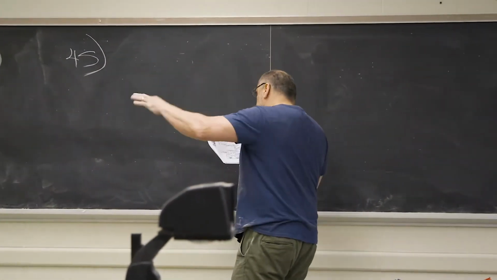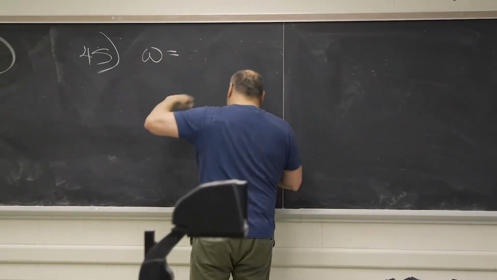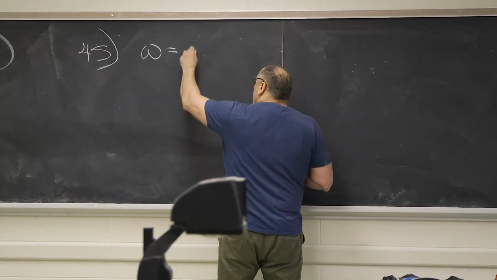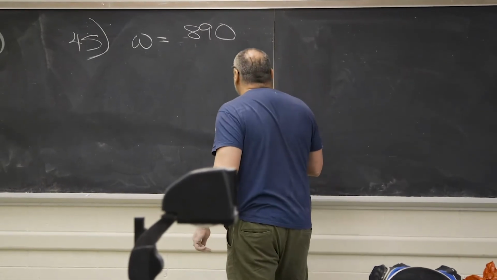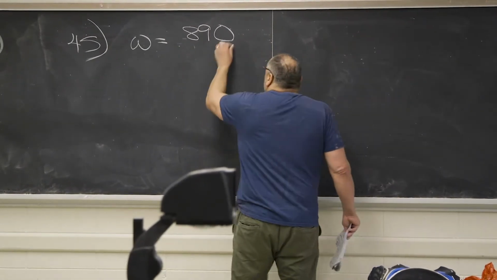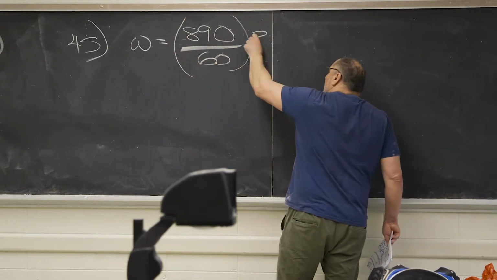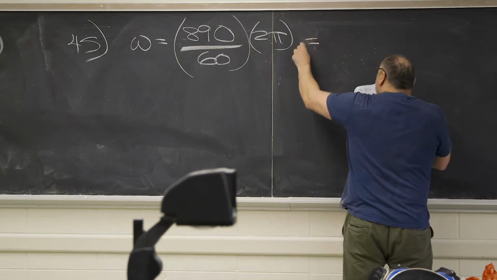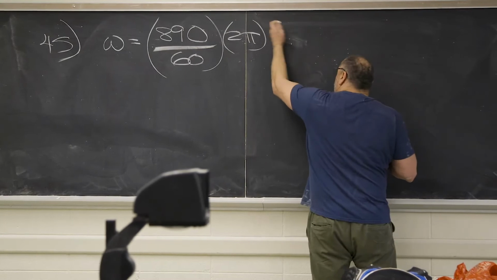But you're getting to here. We know they're telling us omega is 8.90 times 10 to the 2 revolutions per minute. If you divide by 60, that's revolutions per second. If you multiply the revolutions by 2 pi, you get radians per second. And that's really the one they like to use when everything is straight out happening there, guys.